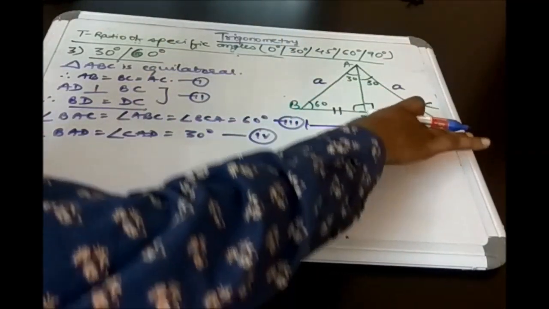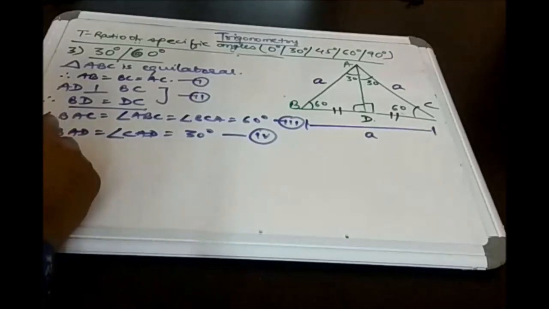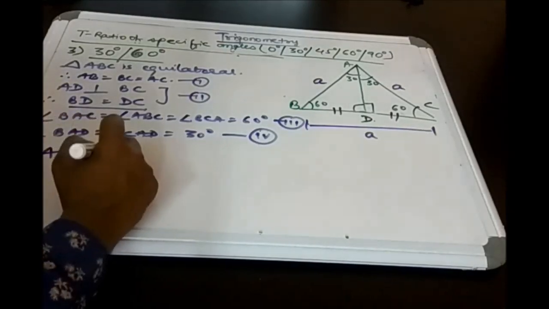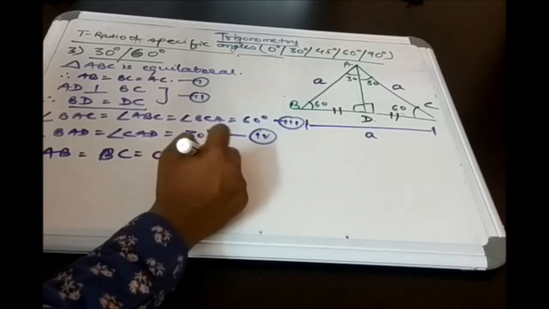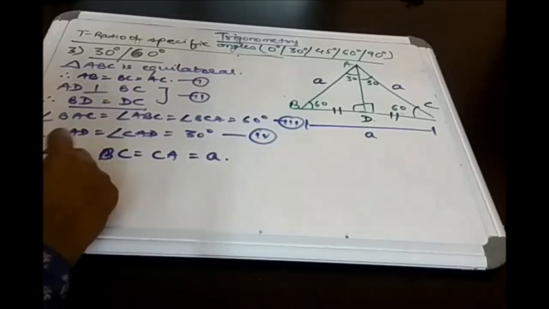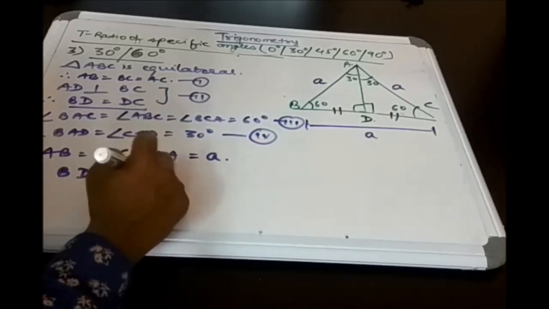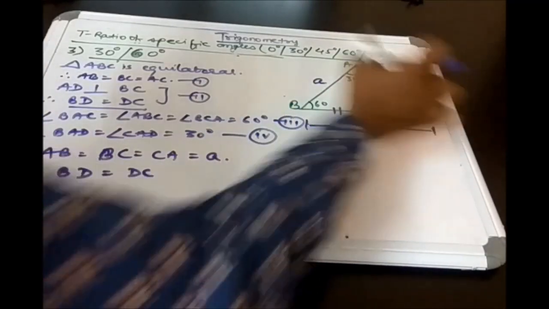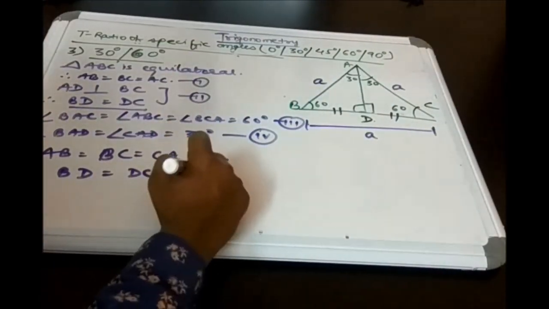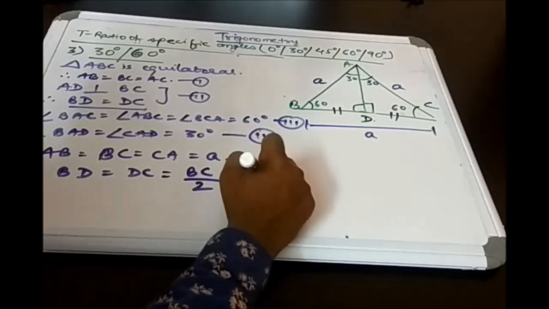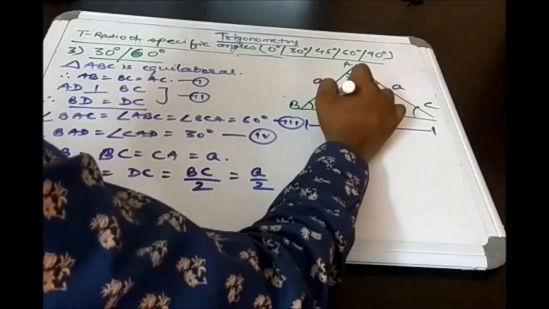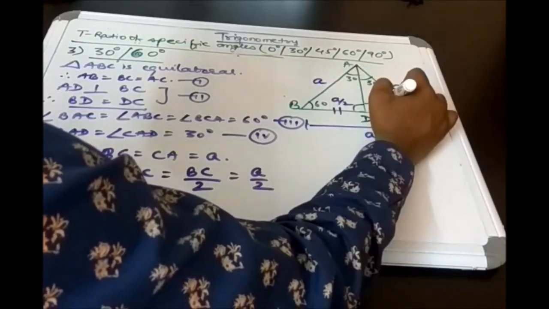So if the entire line segment BC is A, so we have assumed that AB equals BC equals CA equals A. Therefore, BD equals DC. It is half of line segment BC. Therefore, A by 2. So, this will be A by 2. This will also be A by 2.